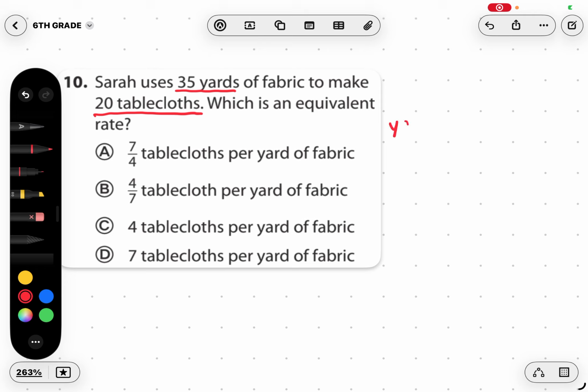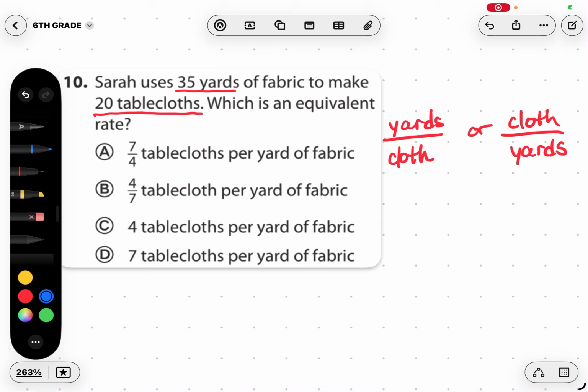So we can write it as yards per cloth, and I'm just shortening it. We know it's tablecloth. Or we can do cloth per yards. Okay? Either way, however we write it, the numbers have to associate with the words.